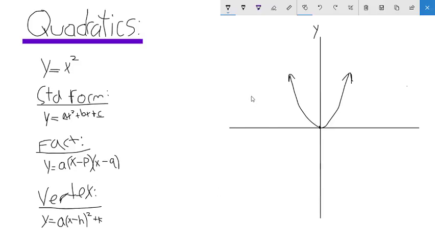So if I have a parabola that looks something like this, arrows right there, okay, and then let's say that is a parabola, this right here is one x-intercept, and this right here is another x-intercept. So let's say this x value right here is -7, and this one right here is -4.